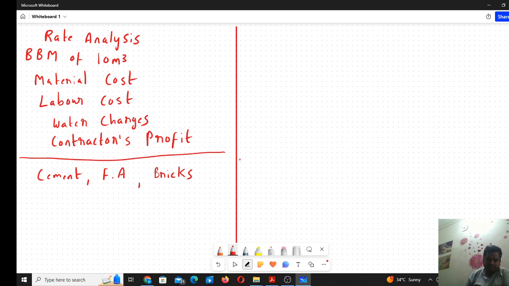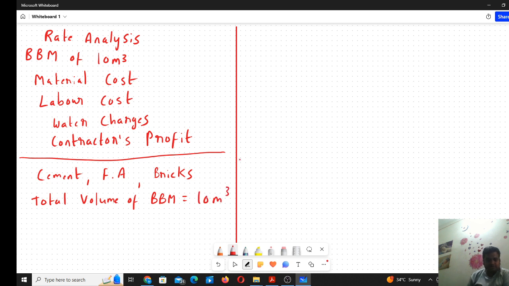As we are focusing on 10 m cube, the first thing is the total volume of BBM, which is 10 m cube.